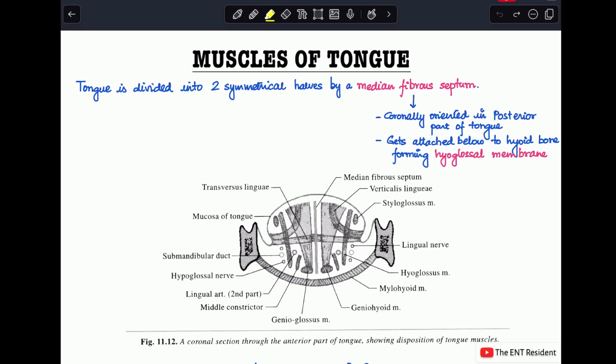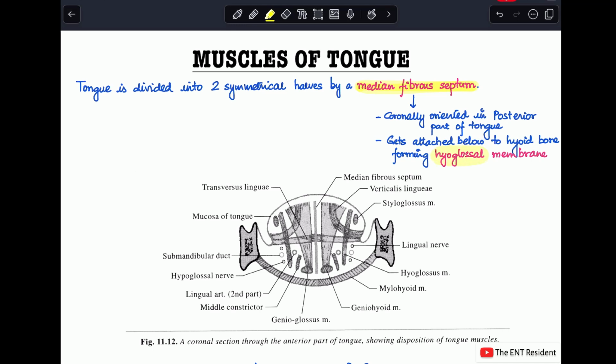As I've discussed in my previous video on the anatomy of the tongue, the tongue is divided into two symmetrical halves by a structure in the midline, which is known as the median fibrous septum. This median fibrous septum is coronally oriented in the posterior part of the tongue, and it gets attached to the hyoid bone below and forms the hyoglossal membrane.